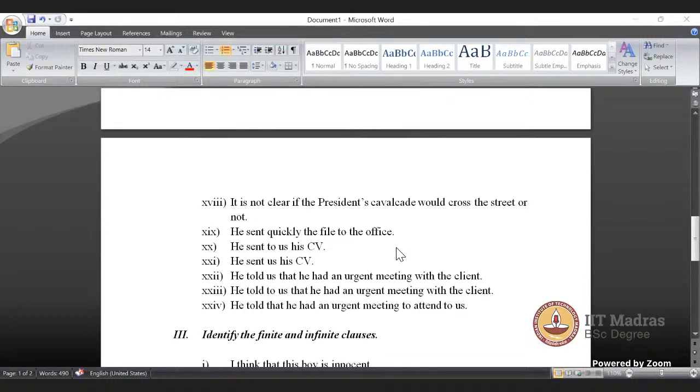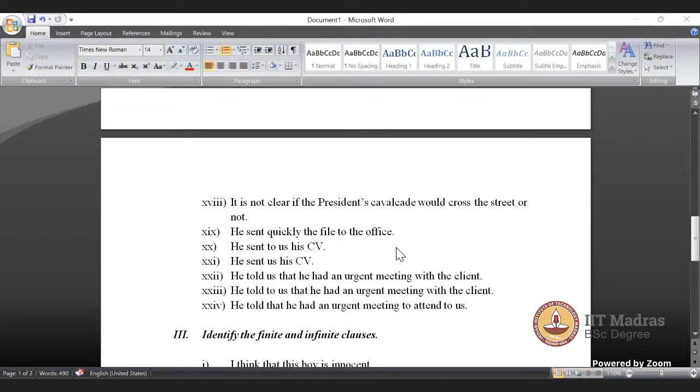There it becomes grammatical. In this case, "he sent to us his CV", "to us" is a wrong usage because your direct object is not a clause. You have a proper, lexical direct object there. So it becomes a problem to use a preposition for your indirect object. So that's the reason "he sent to us his CV" is wrong.